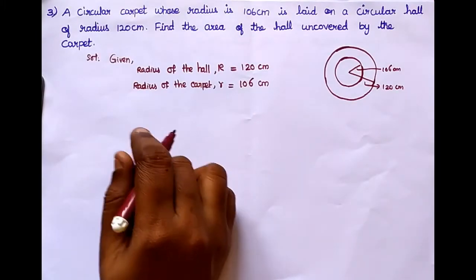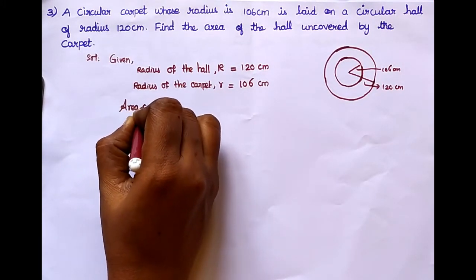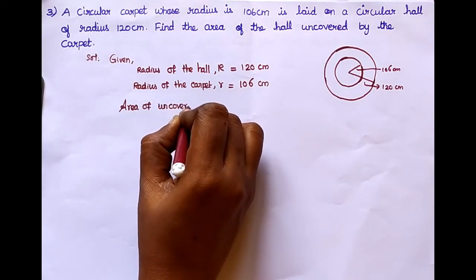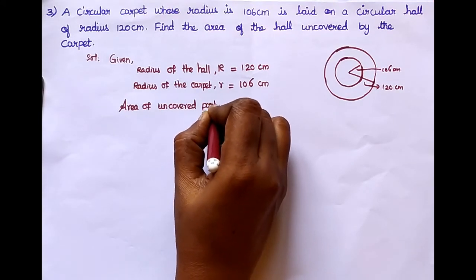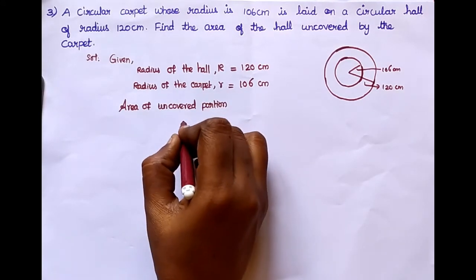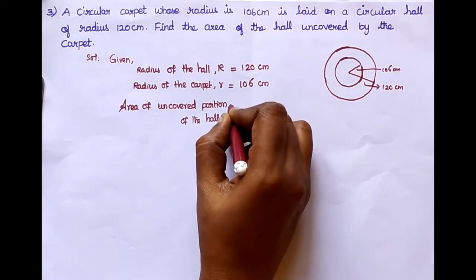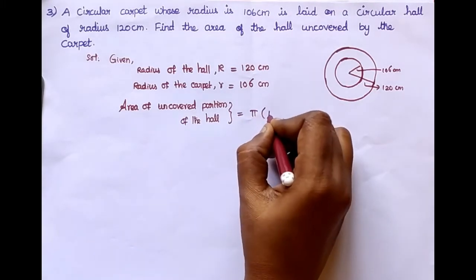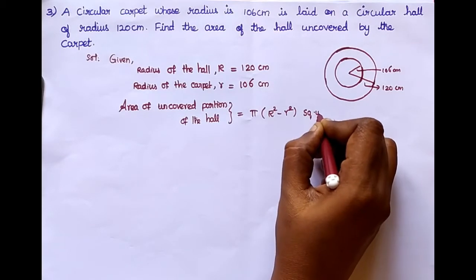Now area of uncovered portion of the hall, that is equal to pi into R squared minus r squared square units.